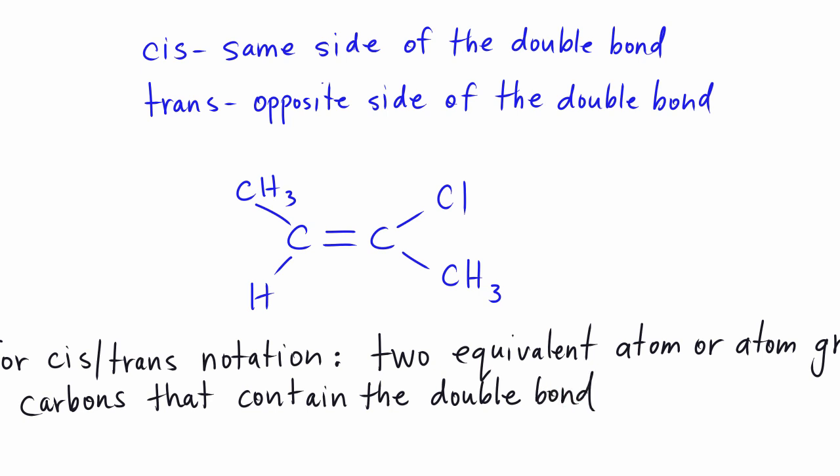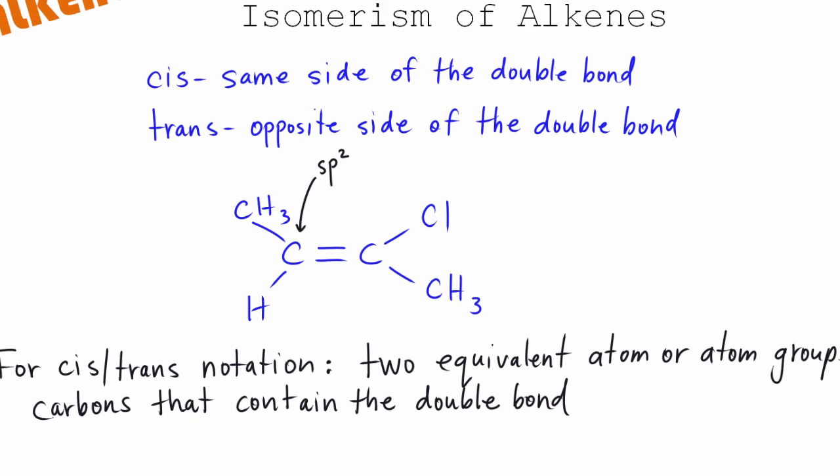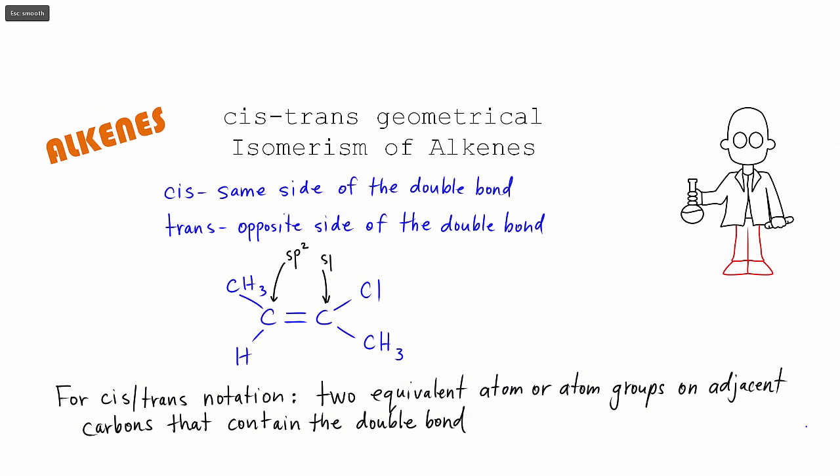All right, so keep in mind that the hybridization of these carbons is sp2. So any atom or atom group that's attached to it is going to make this molecule flat with respect to the groups attached to the sp2 carbons.